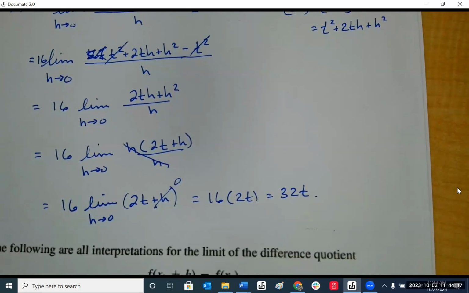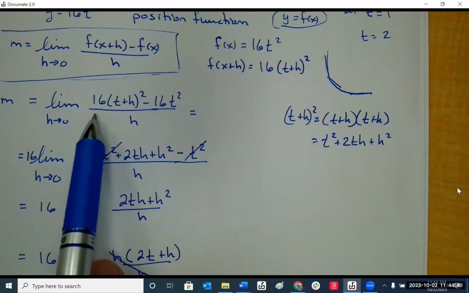Now what do we do? Can I multiply it by 16 before doing that? Well, you could. You could have left 16 in there all along.